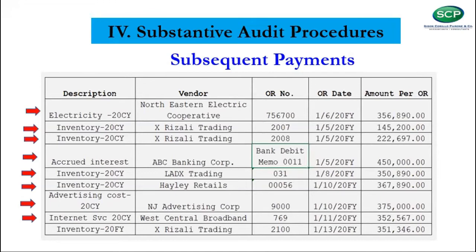On January 11, 20 FY, the company paid West Central Broadband for 20 CY internet services for 352,567 pesos. And finally, on January 13, 20 FY, the company paid X Rizali Trading for 20 CY inventory purchases for 351,346 pesos.